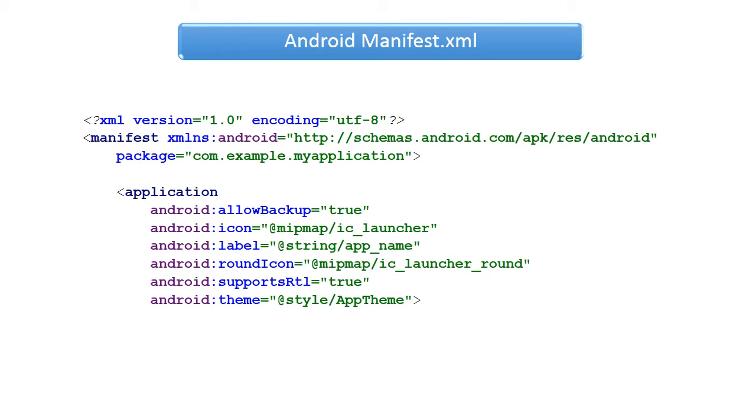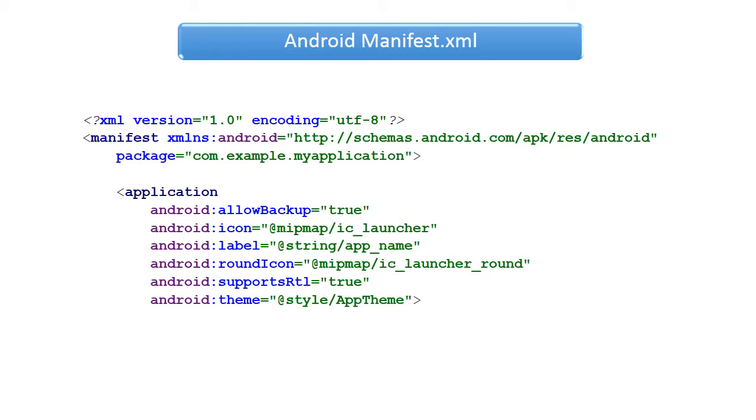A typical manifest node looks like this. First is the application node. A manifest can contain only one application node. It uses attributes to specify the metadata for your application, including its title, icon and theme. During development, we should include the debuggable attribute set to true to enable debugging.